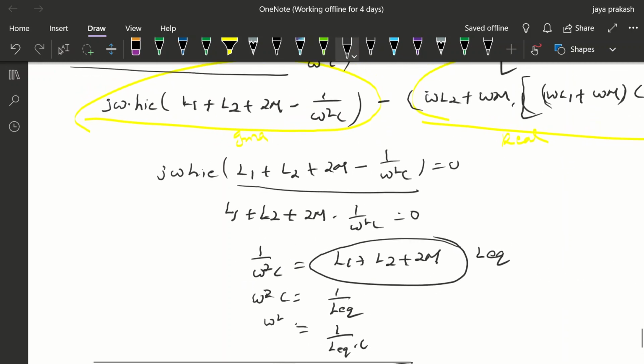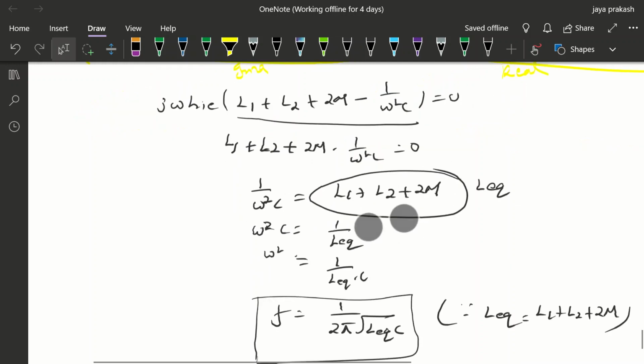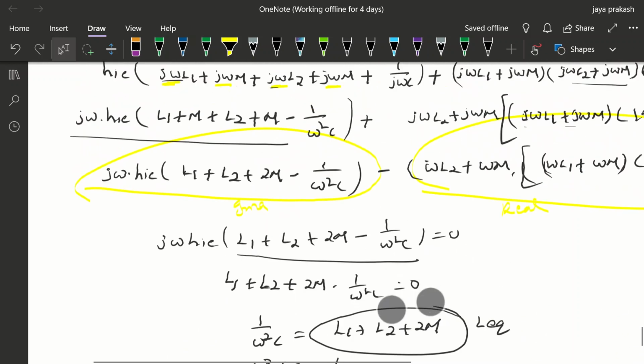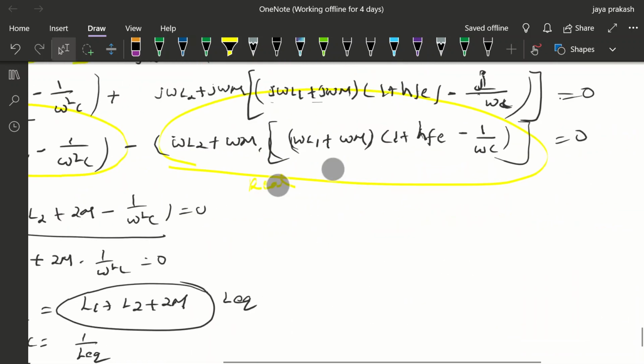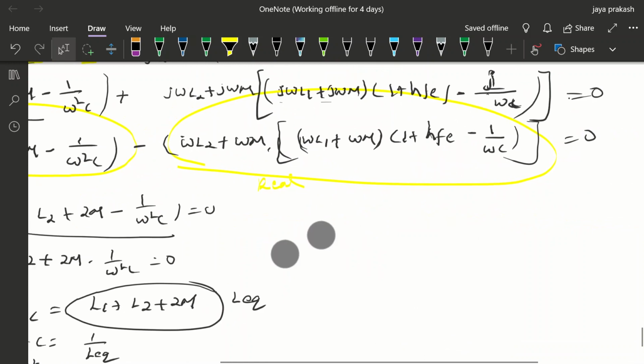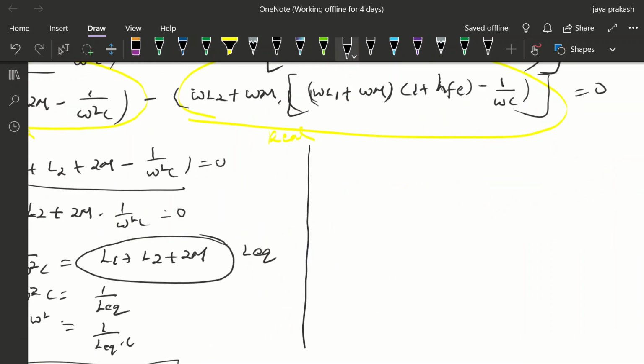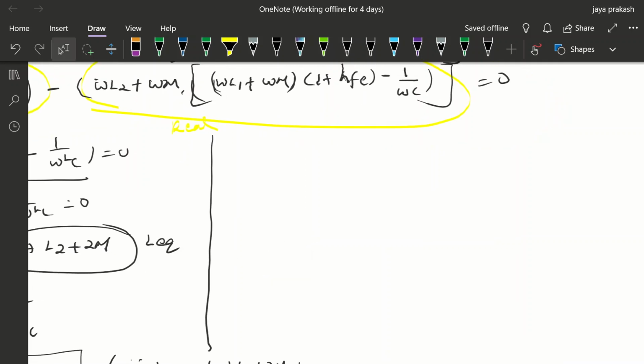then real part, what is the real part? This is the real part. So consider that real part. Then this side I can also divide.